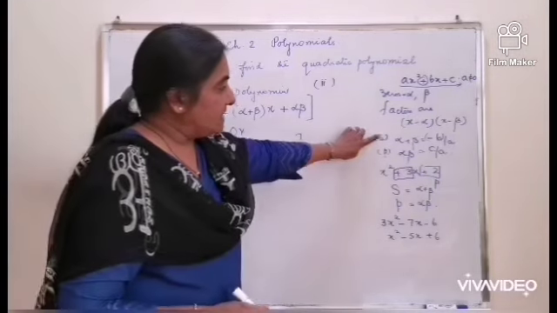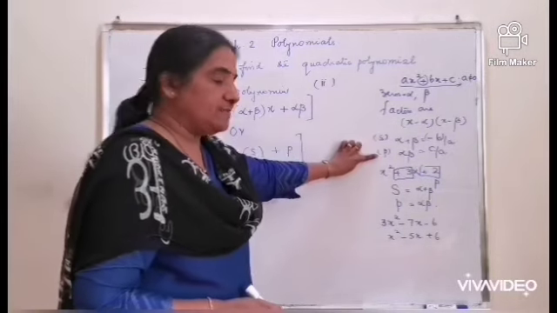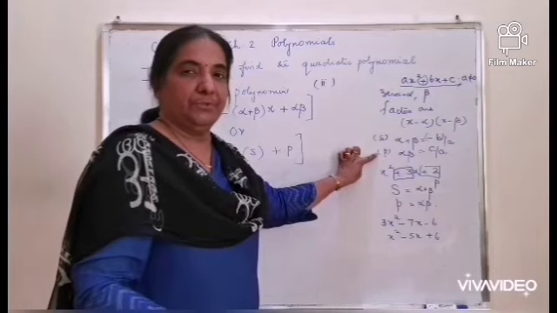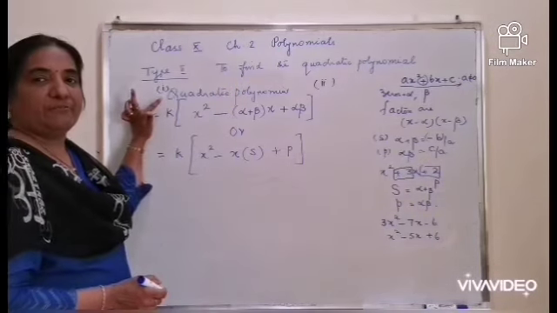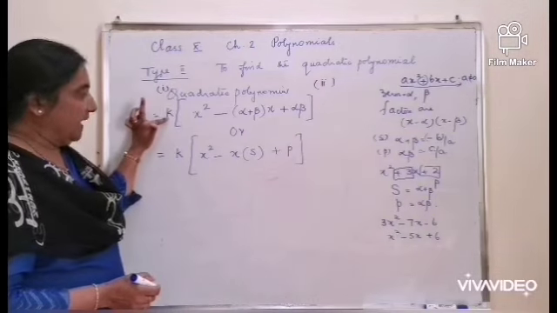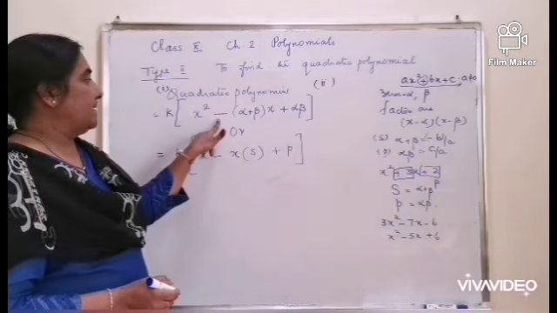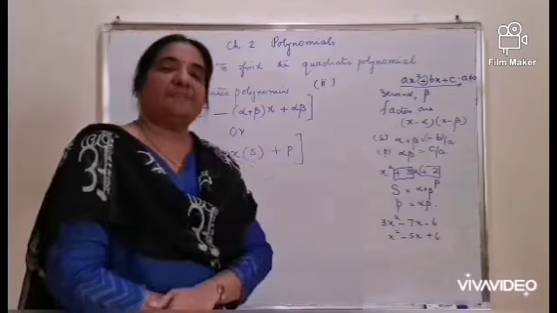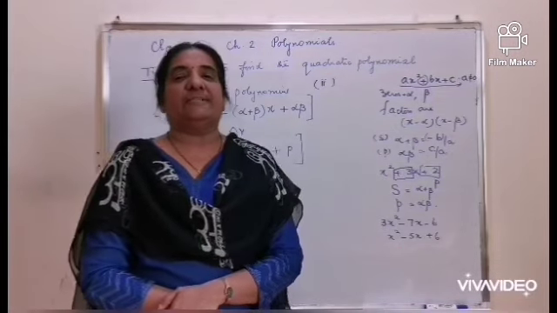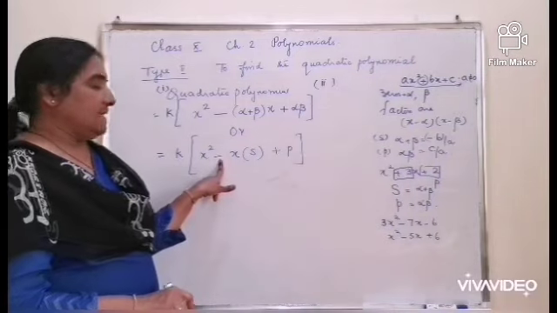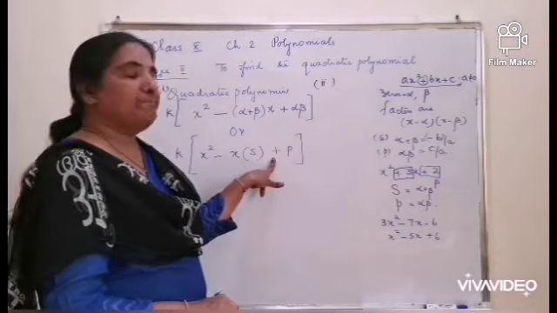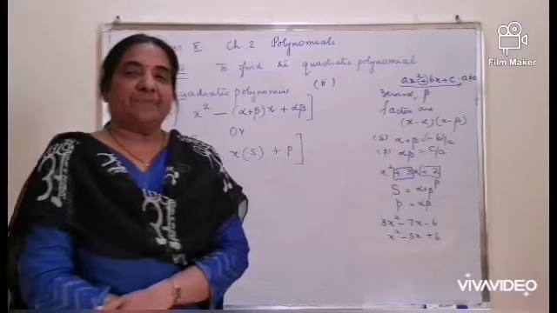So, when the sum of zeros and product of zeros are known to you, the quadratic polynomial can be formed by the formula k into x square minus alpha plus beta of x plus alpha beta, or k into x square minus x into sum plus product.